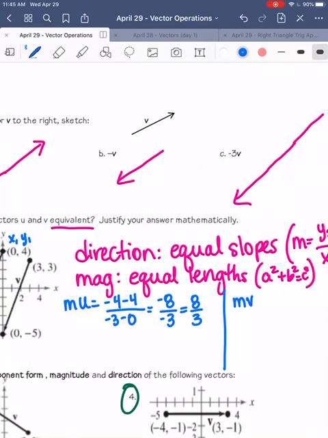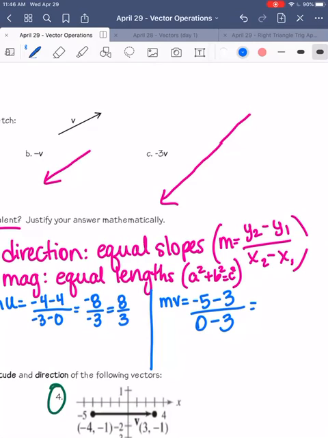So I'm going to do the same thing, x1, y1, x2, y2. All right, so y2 is -5, y1 is 3, x2 is 0 minus x1, and that gives me -8 over -3, which equals +8/3.